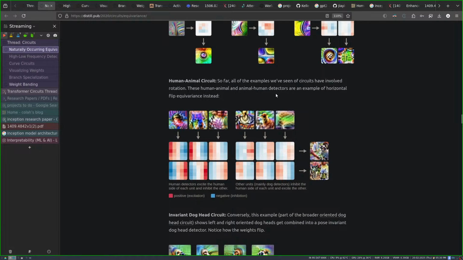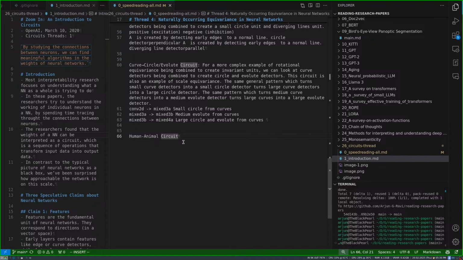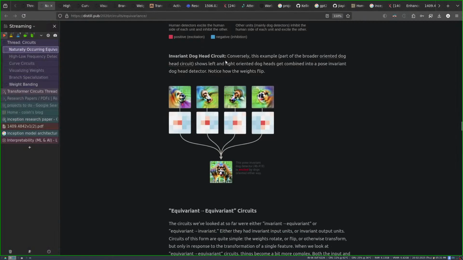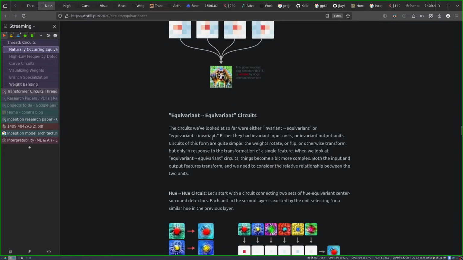Human animal circuit. Equivariant to equivariant circuit.